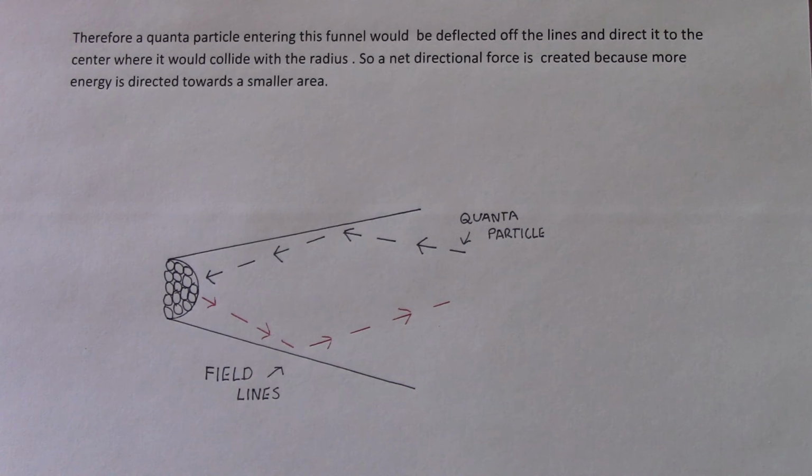Therefore, a quantum particle entering this funnel would be deflected off the lines and directed to the center, where it would collide with the radius. And the energy colliding with the radius is equal to the energy pushing the radius out. So it's this that holds the particle together.